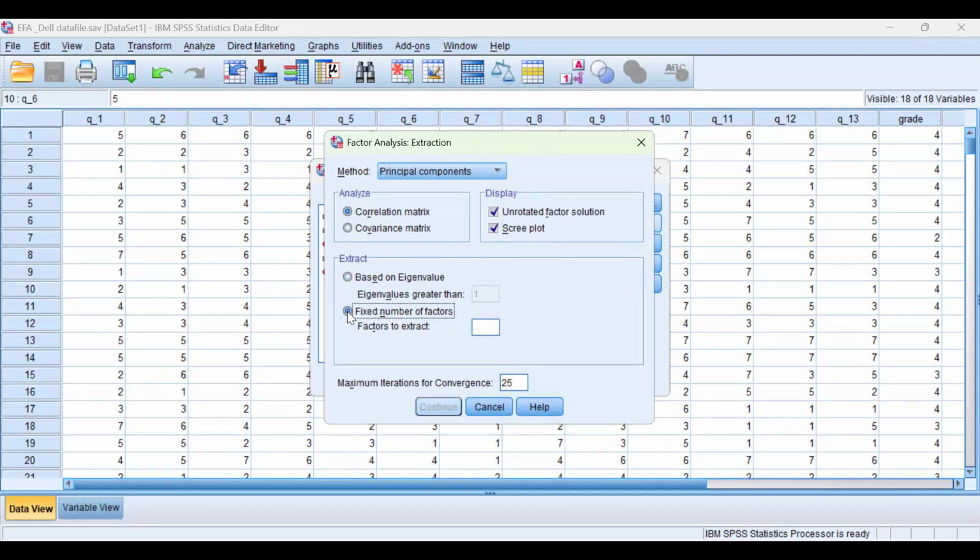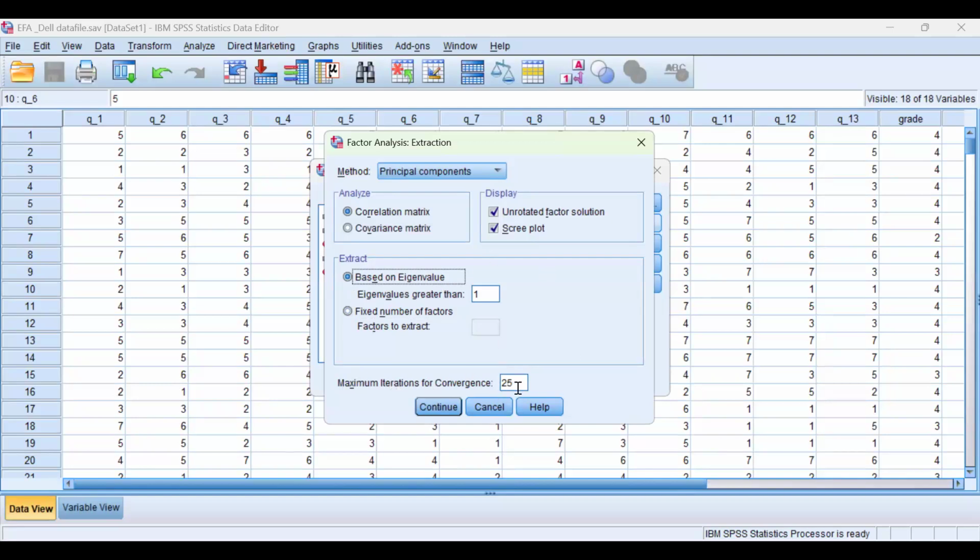However, when we are not testing a theory and we have our own conceptual framework, then we will use the first option, based on eigenvalues greater than 1. What is an eigenvalue? Eigenvalue means how much a particular extracted factor is contributing, how much variation a factor explains. I'll talk about it when you see the results.